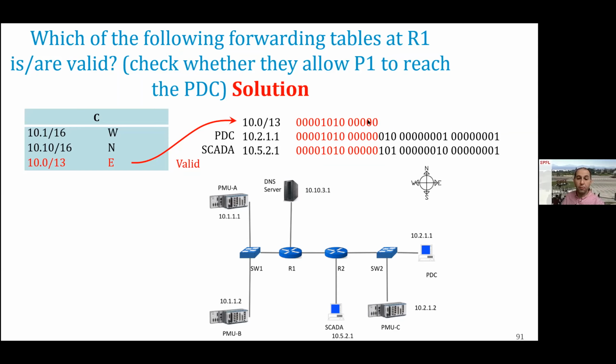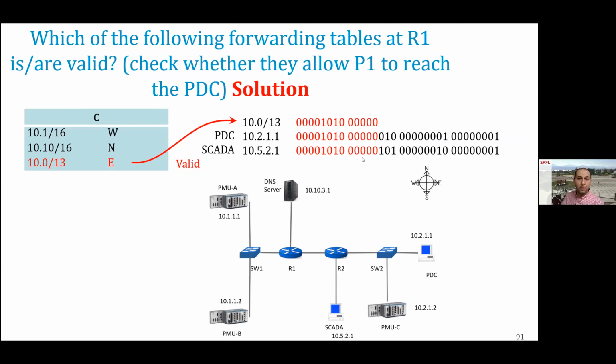And again, if we would like to look further, we can also take the IP address of the SCADA to see whether packets destined to SCADA will be forwarded well by R1. So we take the IP address of the SCADA, we transform it into binary, and then also we have a match.